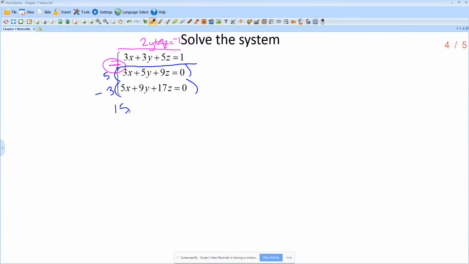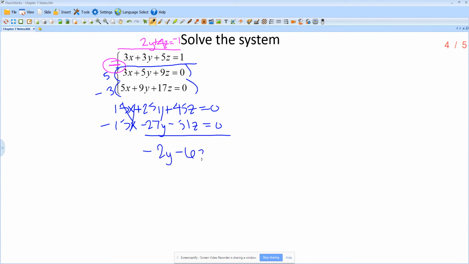So I get 15x plus 25y plus 45z equals 0, and negative 15x minus 27y minus 51z equals 0. Now those cancel. I get negative 2y minus 6z equals 0.